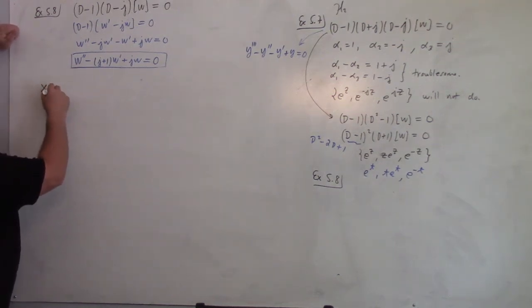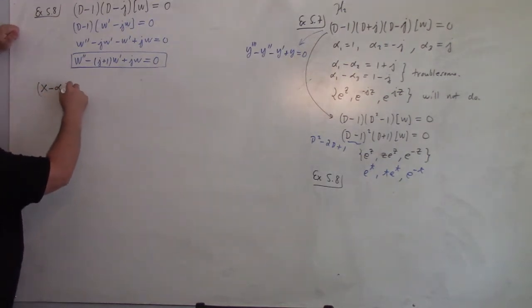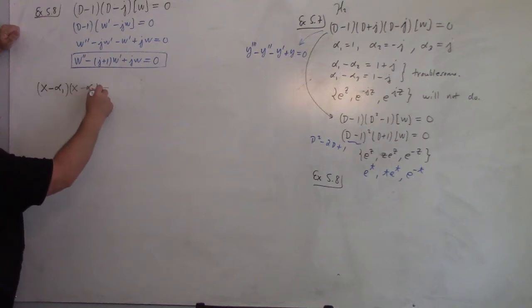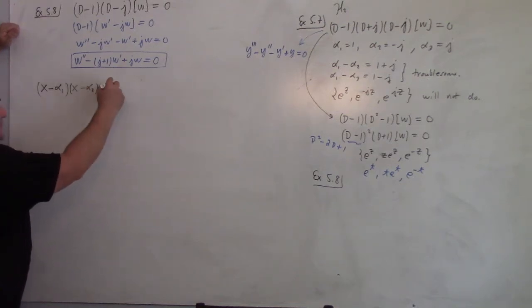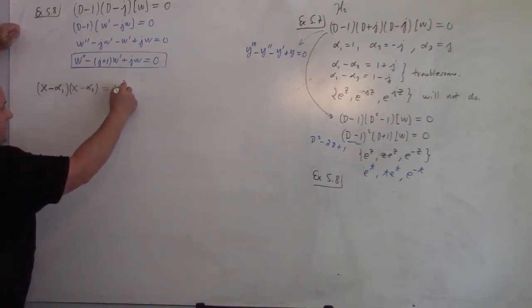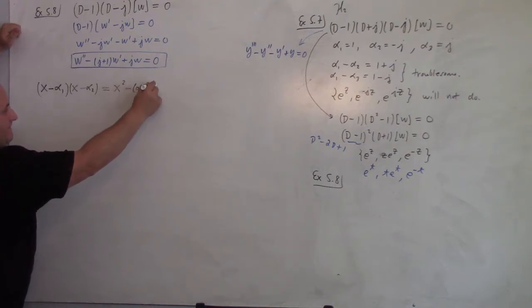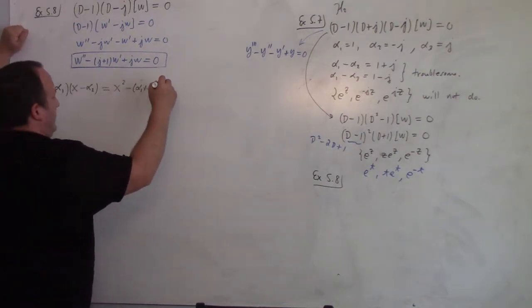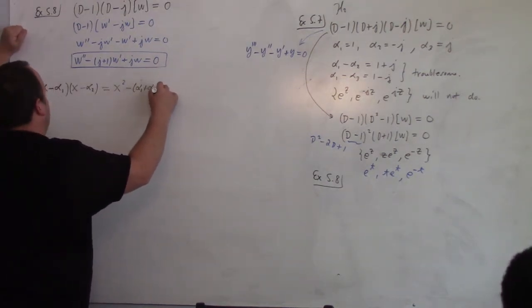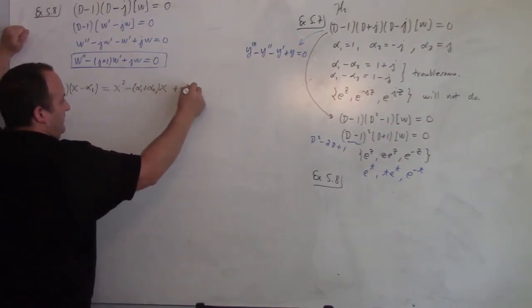If you have x minus root 1, I'll use alpha 1, times x minus alpha 2, you multiply it out, you get x squared minus (alpha 1 plus alpha 2) x plus alpha 1 alpha 2, right?